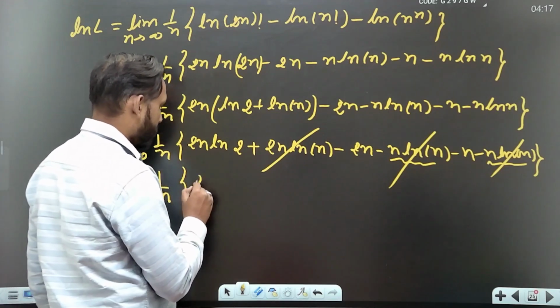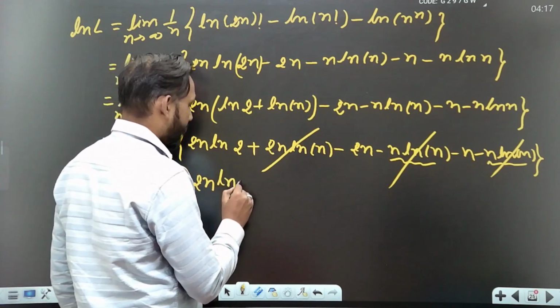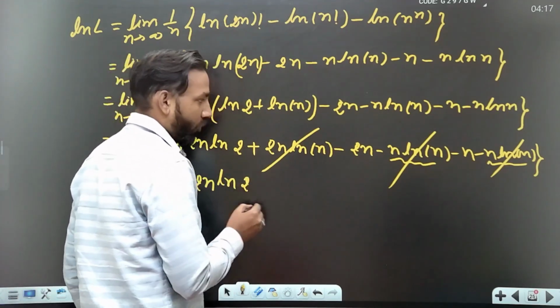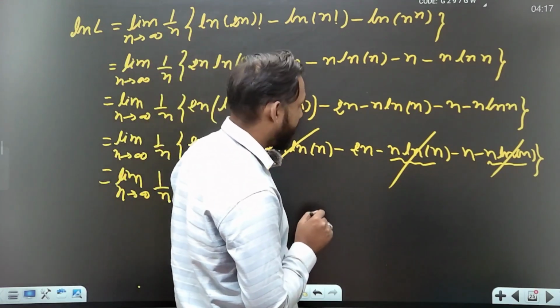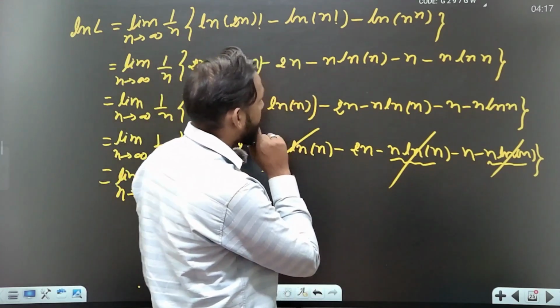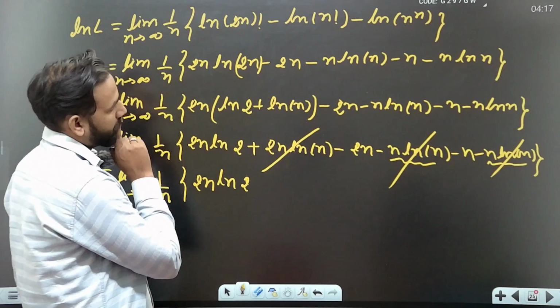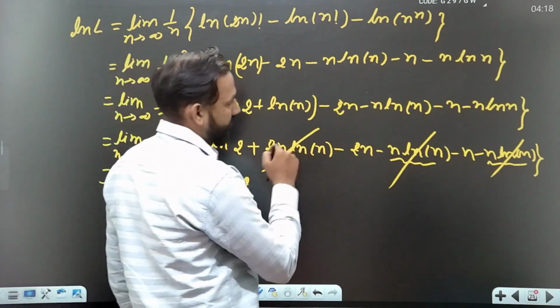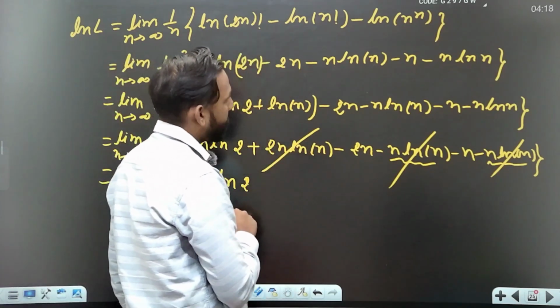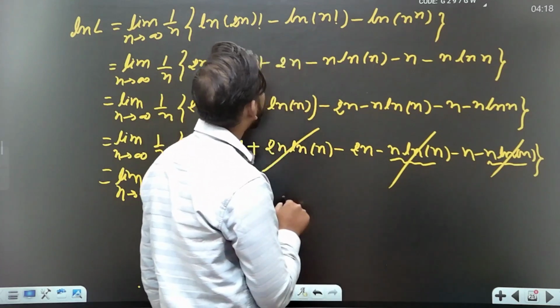What is this? 2n ln 2, and what is there? And what is this? This will be positive or negative.